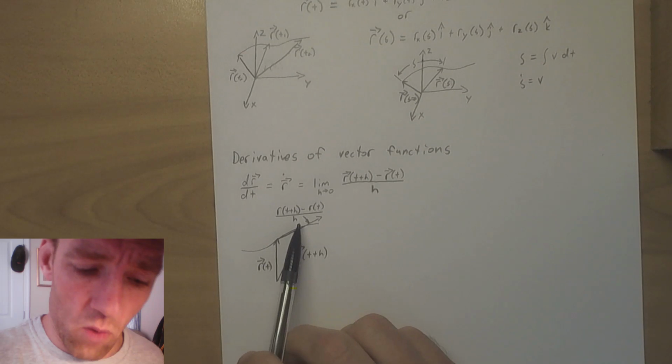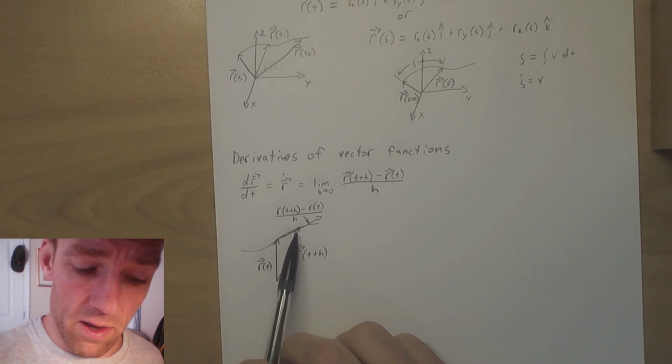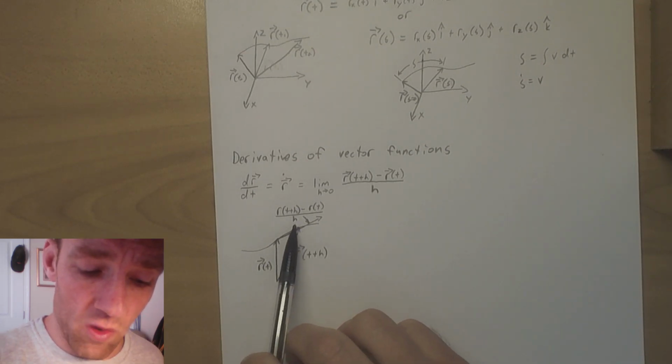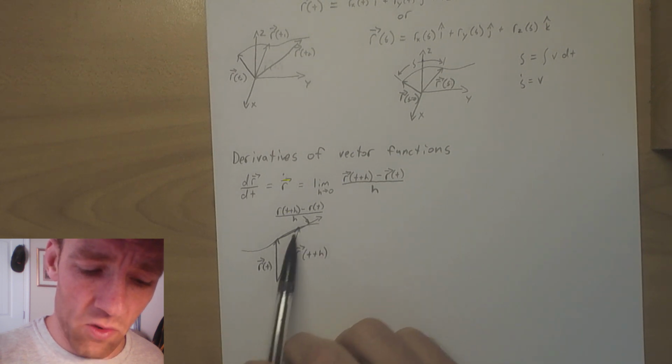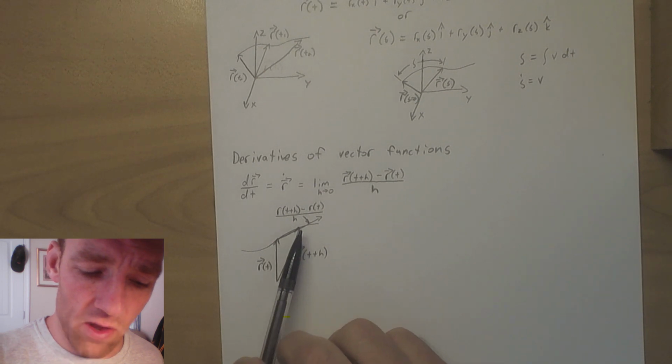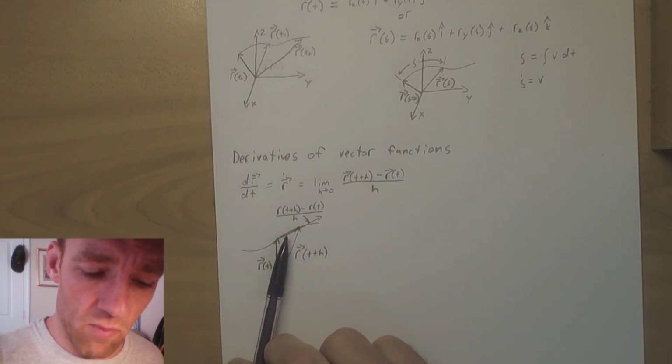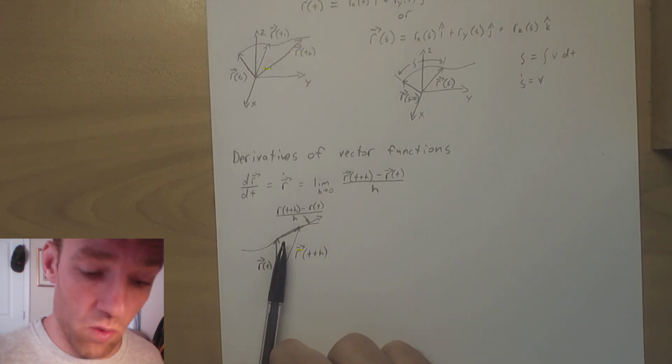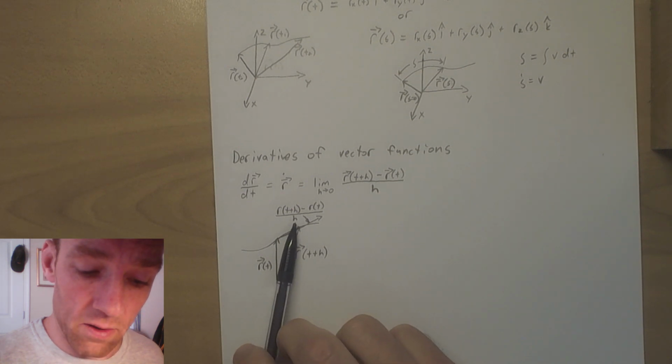It changes somewhat, but it approaches some limit. And as long as h is small, the magnitude isn't going to change a whole lot, because as the magnitude of the top decreases as these two vectors become close to one another, they get scaled by the step size in t.